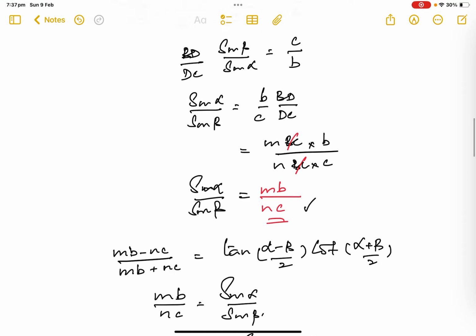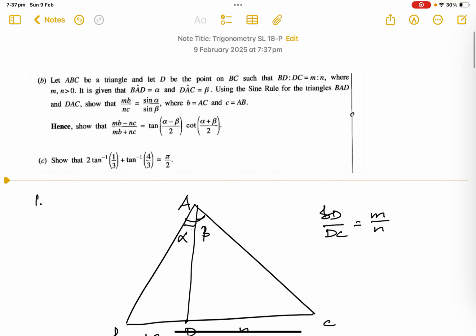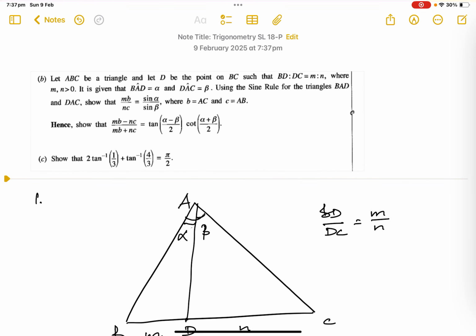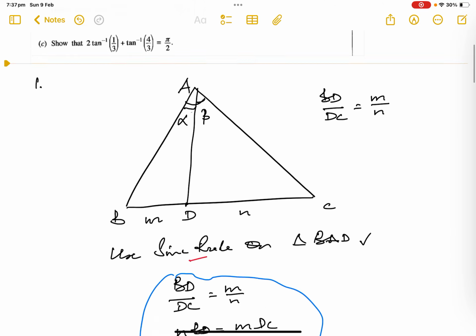Then the next part, it says hence. So I just use the first part. Hence is a strong hint, a strong instruction to use the first part for the second part. So show that Mb minus Nc over Mb plus Nc equal tan of alpha minus beta divided by 2 times cot of alpha plus beta divided by 2.